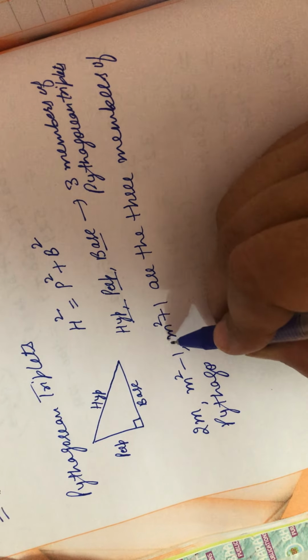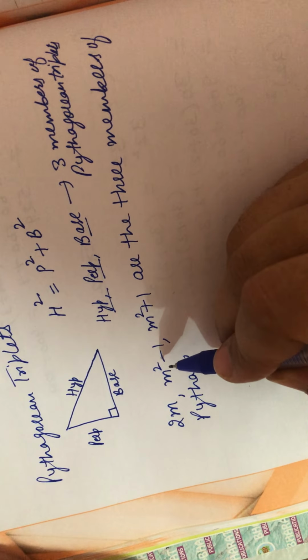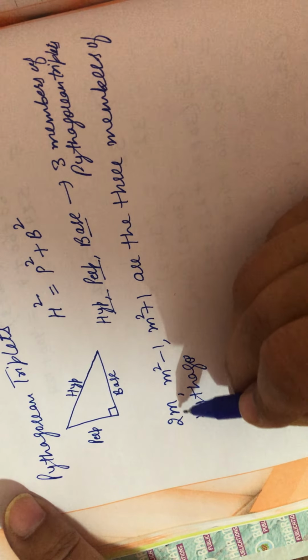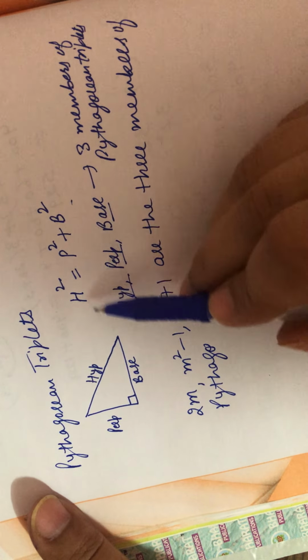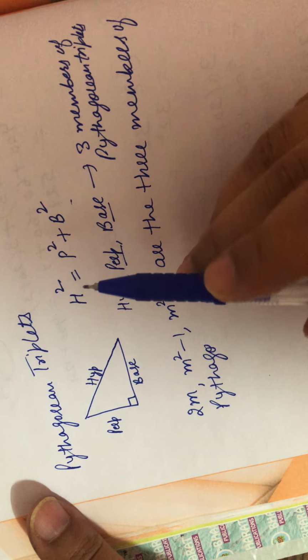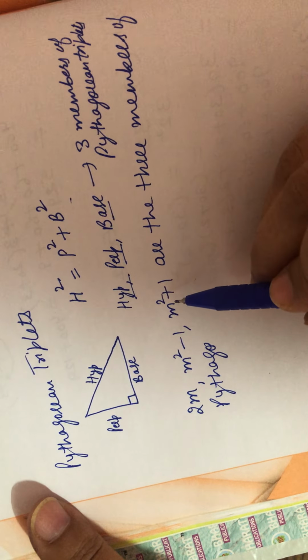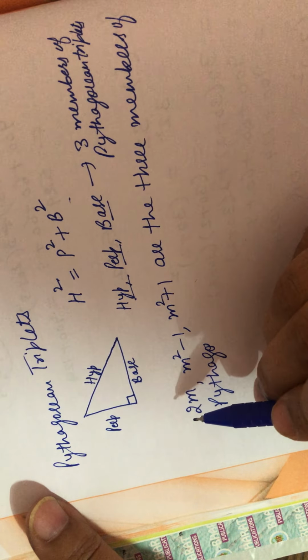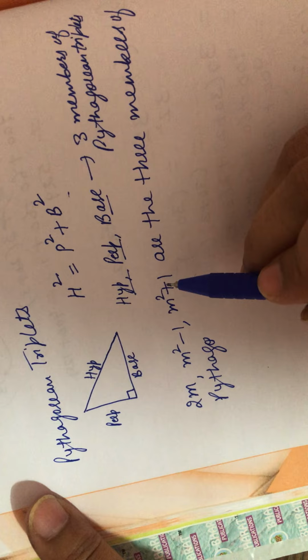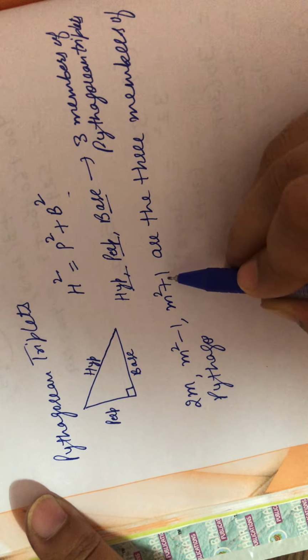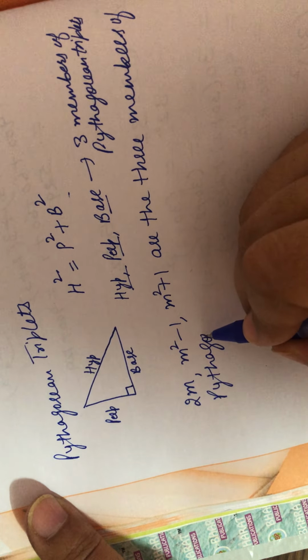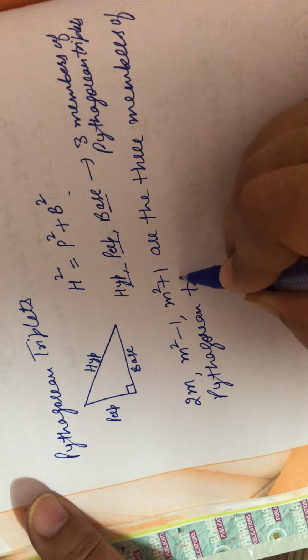Because if we take m square plus 1 as hypotenuse, and the others as base and perpendicular, and satisfy the formula, you will see left hand and right hand side will become equal. And if the Pythagoras theorem is satisfied, then those three members are the members of Pythagorean triplets. So that is why 2m, m square minus 1, m square plus 1 are the three members of Pythagorean triplets.